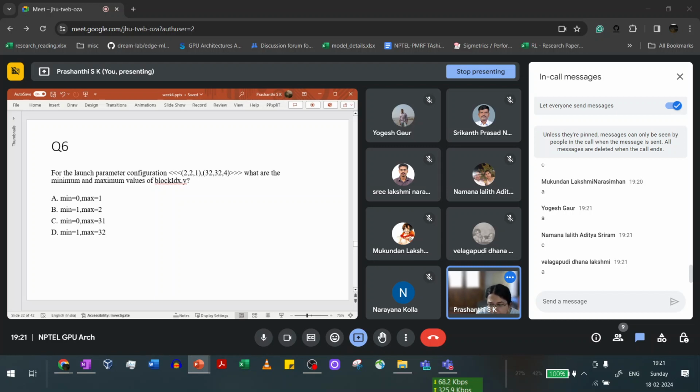A, okay. C, again you're asked about block ID here, not about thread ID. A, okay. Anyone else?